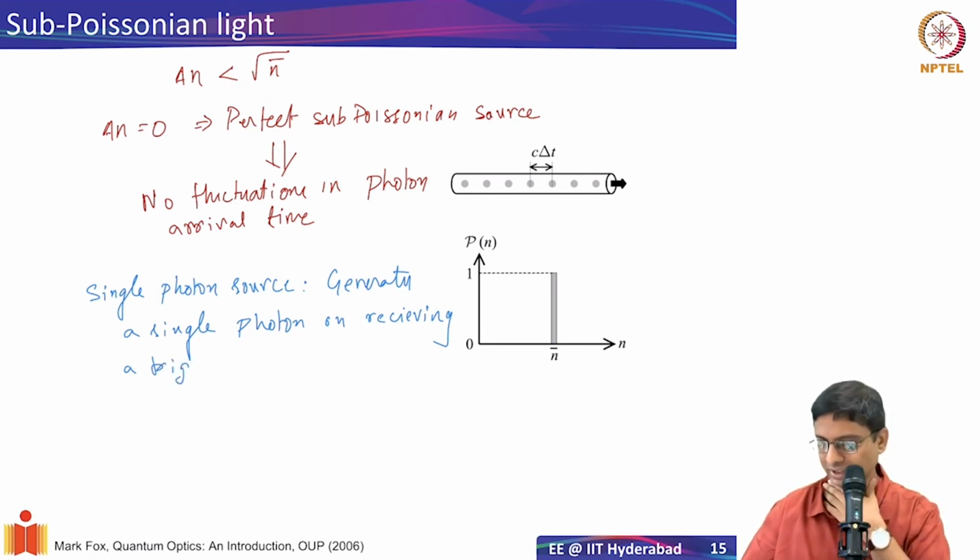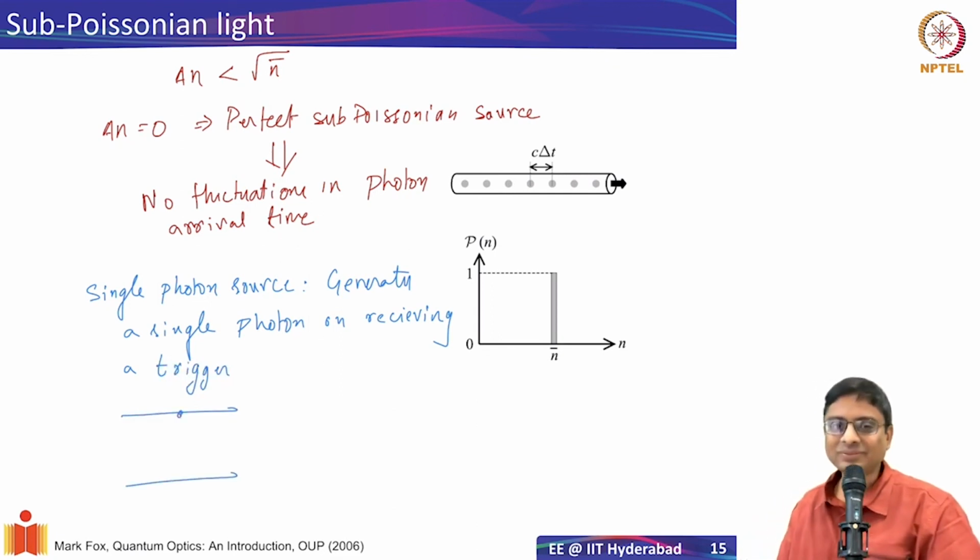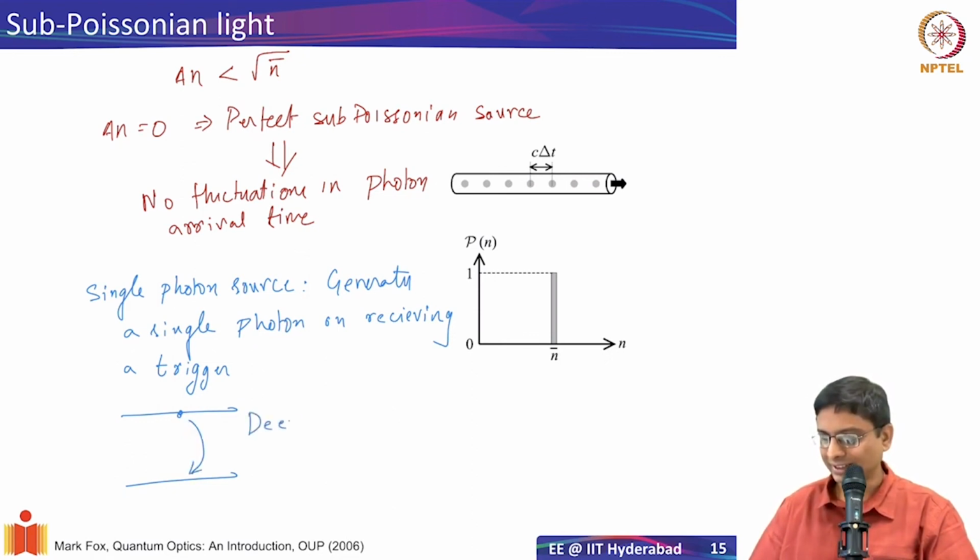An example could be, if you have a two-level system, we studied two-level systems, let's say there's an electron in the excited state. On receiving a trigger, it basically emits a photon. It de-excites and emits a photon on receiving a trigger.